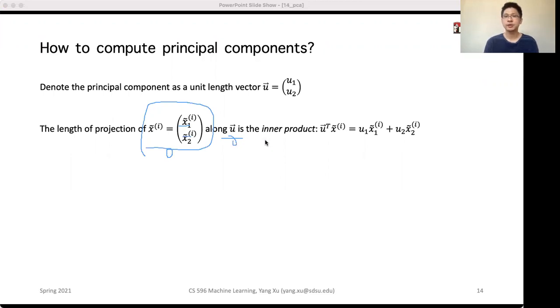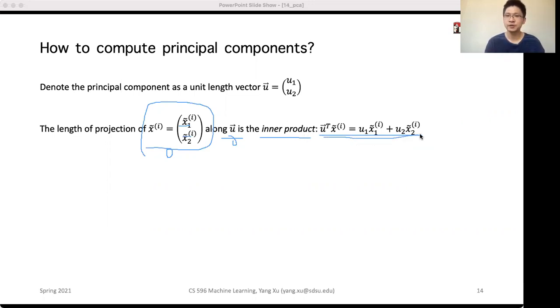So the length of the projection can be computed by the inner product between the two vectors, right? We have two vectors, and the angle between them is something we know, right? So we can basically compute the dot product between these two vectors in order to compute the length of projection.